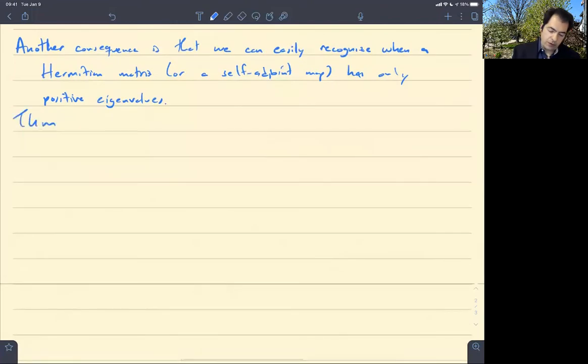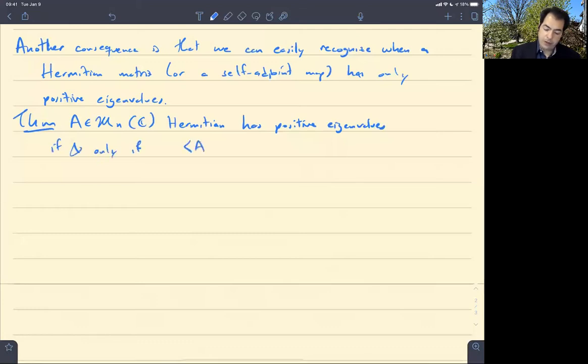This criterion goes as follows. Suppose you have a Hermitian matrix A, then it has only positive eigenvalues if and only if the inner product of A applied to x against x is positive for every x in C^n that's not equal to 0.